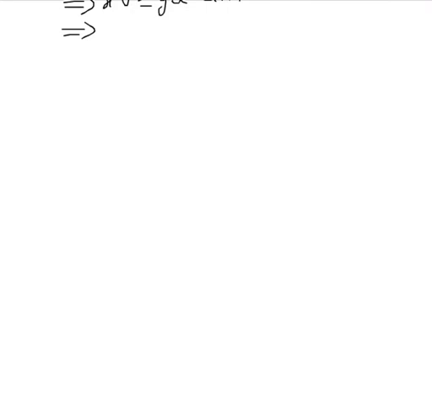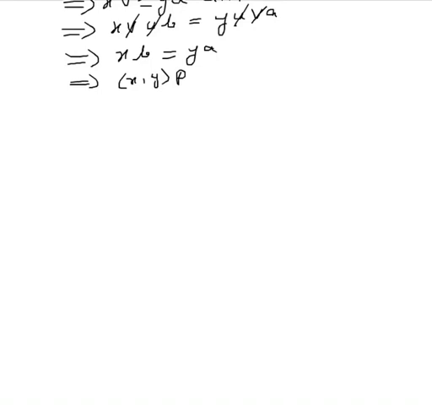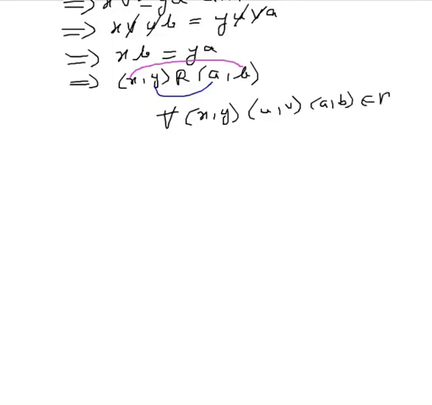Now let us multiply these two equations. xv ub should be equal to yu va. u and v are getting cancelled. We get x into b is equal to y into a. Therefore, I can say that (x, y) is related to (a, b). Check this multiplication: x into b is equal to y into a. It's correct. And it is true for any three elements taken from the set A. Therefore, R is transitive.